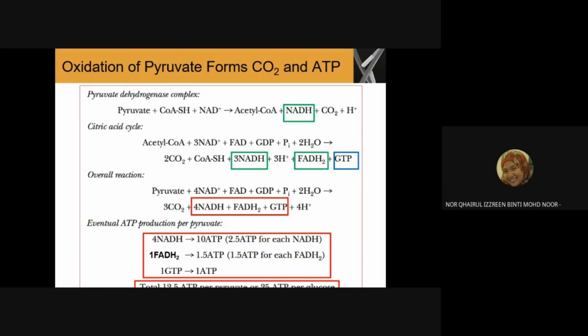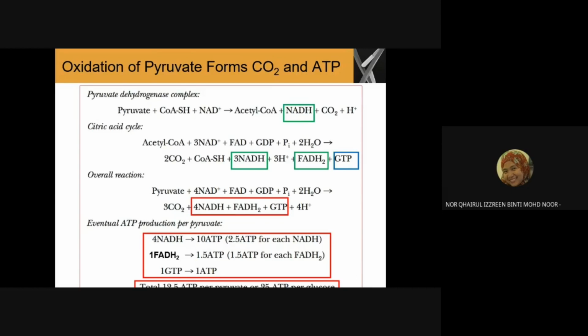Okay, 4 NADH will produce 10 ATP when we take into account 2.5 ATP for each molecule of NADH. And we also produce 1 FADH2, taking into account 1.5 ATP for 1 molecule of FADH2, and 1 GTP, which is equivalent to 1 molecule of ATP.